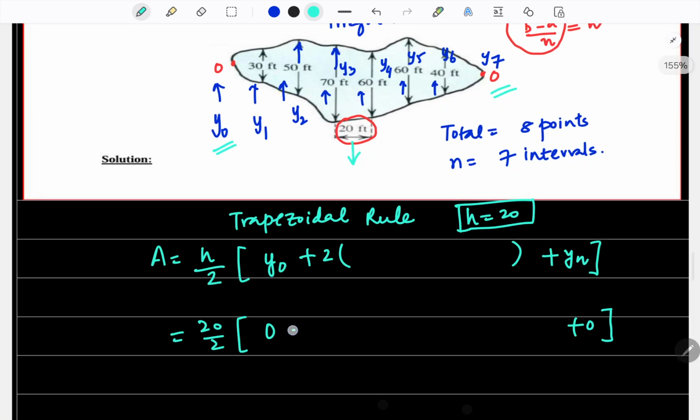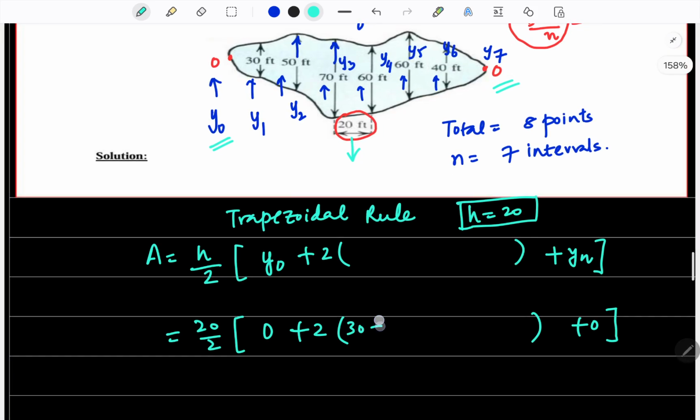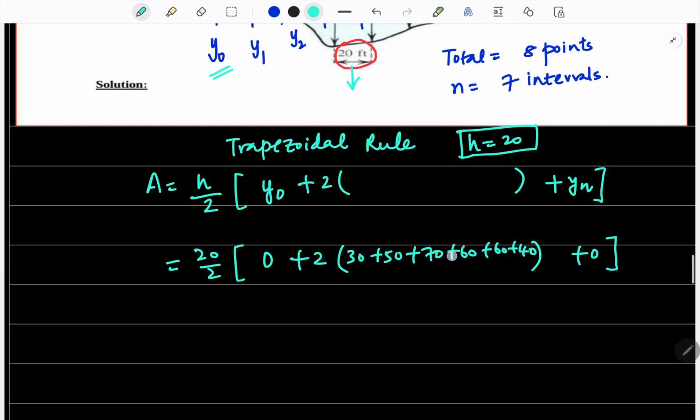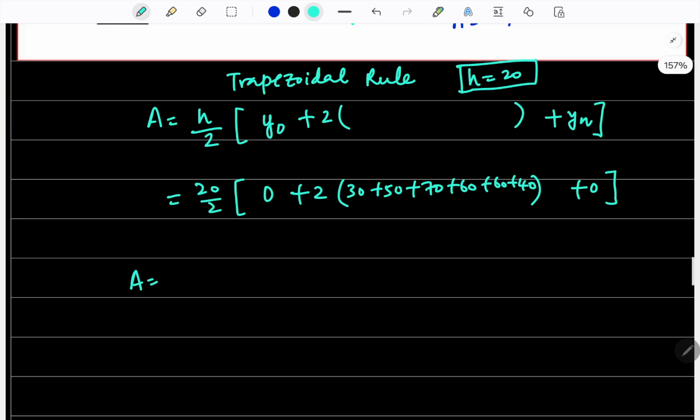And the in-between values are multiplied by 2: 30 plus 50 plus 70 plus 60 plus 60 plus 40. Put all these in the calculator. So I got the answer: area is equal to 6,200 square feet.